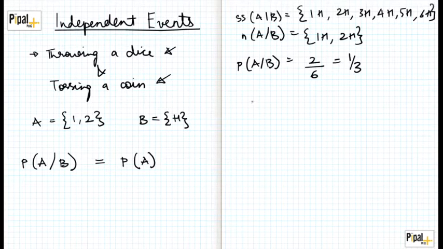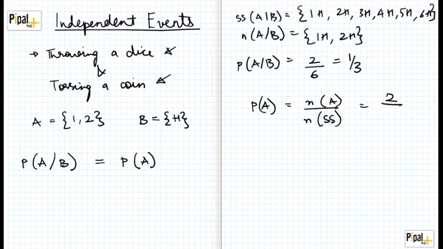But how about the probability of A? Now the probability of A is the number of elements in A divided by the number of elements in the sample space of throwing of a dice. Now A has 2 elements. The sample space of just throwing the dice has 6 elements. Again, we get 1 by 3.